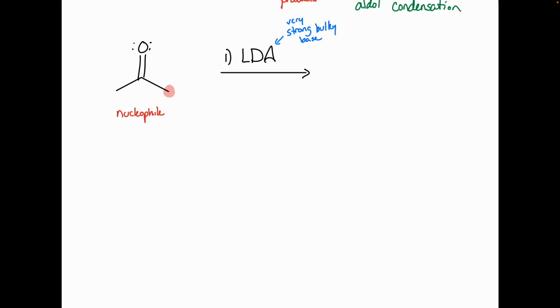All right, and what that LDA is going to do, what that first step is going to do, is create that enolate ion exactly as we were doing in our first step before. But the difference is that it is a strong base, so strong that instead of this equilibrium favoring the ketone here, this reaction is going to go 100% to completion.